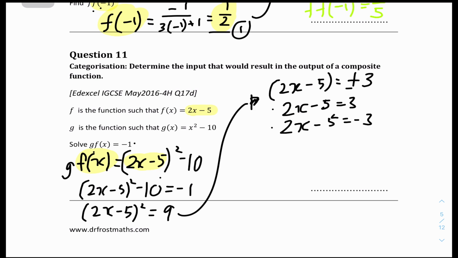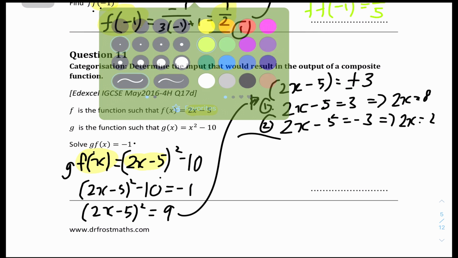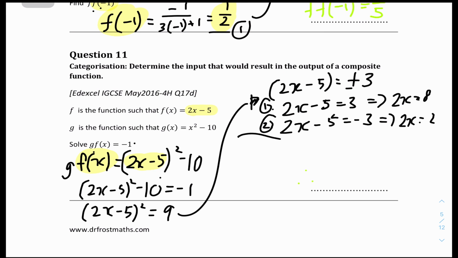You have to find two values for x. For the first one, 2x equals 8. For the second one, 2x equals 2, because minus 3 plus 5, you add 5 to both sides to get 2. Now we have the two values for x. Therefore, x could be 4 or x could be 1.